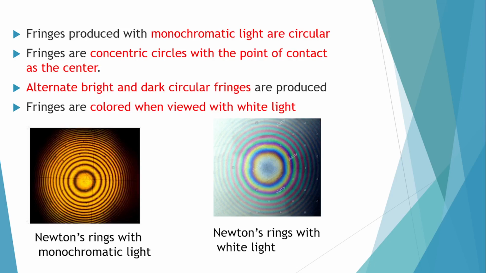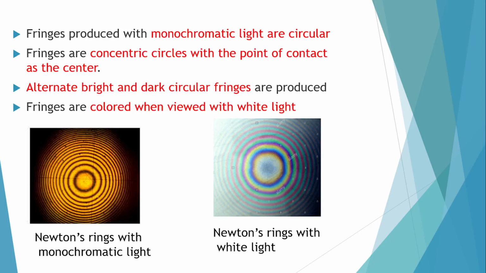But when the white light source is used, the fringes are again concentric circles, but these are colored fringes, since white light has 7 different colors from red to violet. So this is about the fringes.